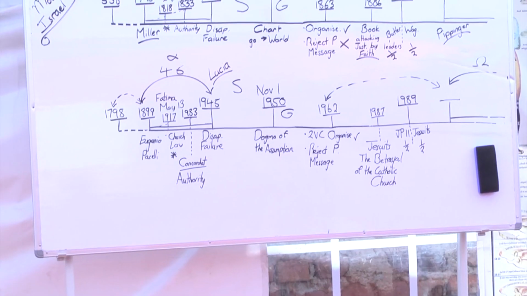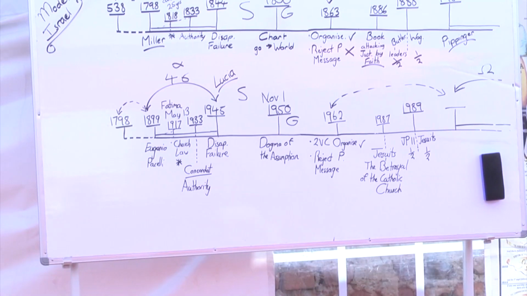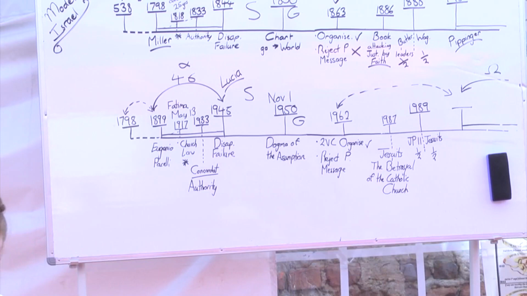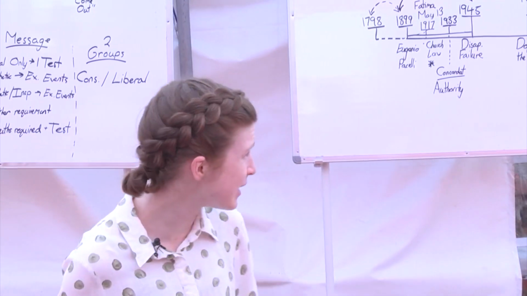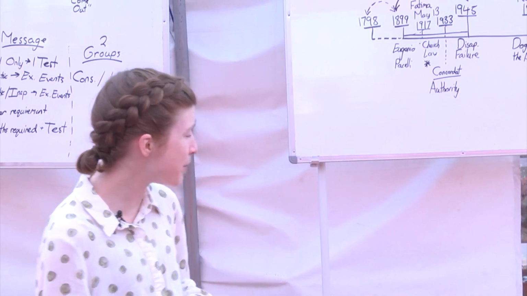So it's pretty much the alpha history of modern Babylon with the intermediate period. We haven't yet considered what the omega history of modern Babylon would look like.